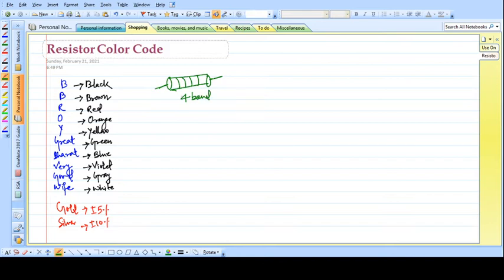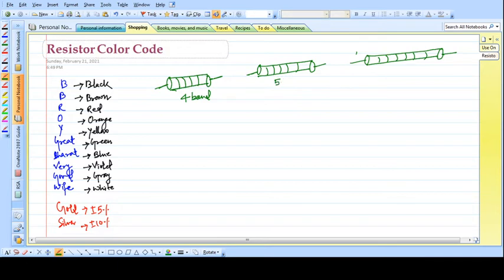Mostly we are using 4 bands in our experimental electronics lab, and in addition to that, it may be 5 bands. I will tell what it signifies. And one more, the last one, this one is the 6 band.